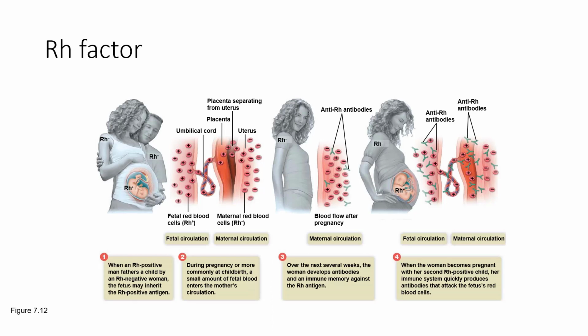Shirley naturally would produce anti-plus antibodies if she has been exposed to the plus factor. Since she has never been exposed to the plus factor, she normally does not produce anti-Rh antibodies. However, during birth, she is exposed to some blood from the baby.